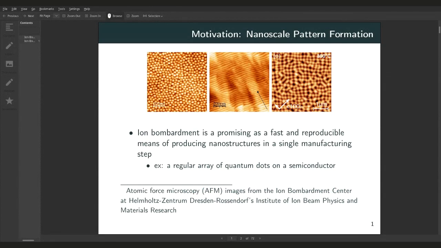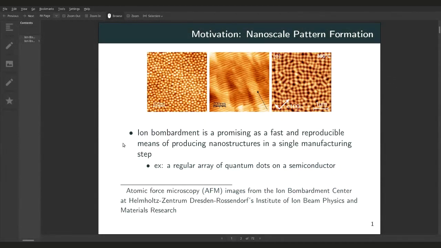Sometimes it makes a smooth surface, and under certain conditions, for certain materials, we end up with really nice, complex spatio-temporal patterns. We can see here several examples from the Ion Bombardment Center in Germany. This is experimental data. You can see the scale on the bottom left here, so these are nanoscale features.